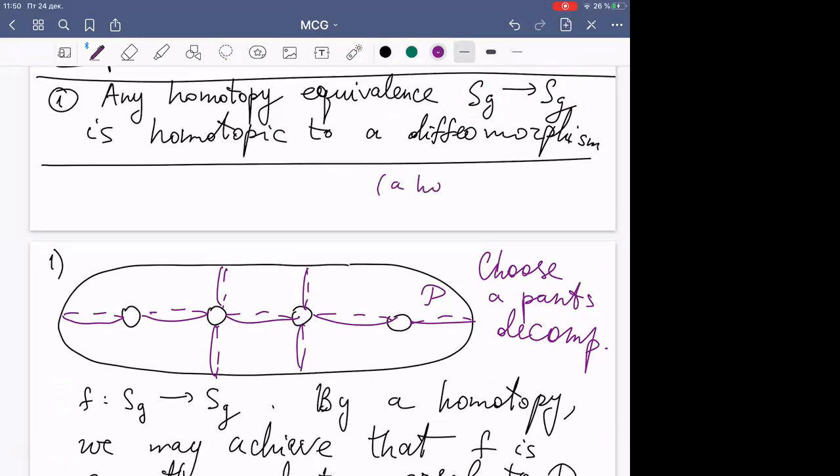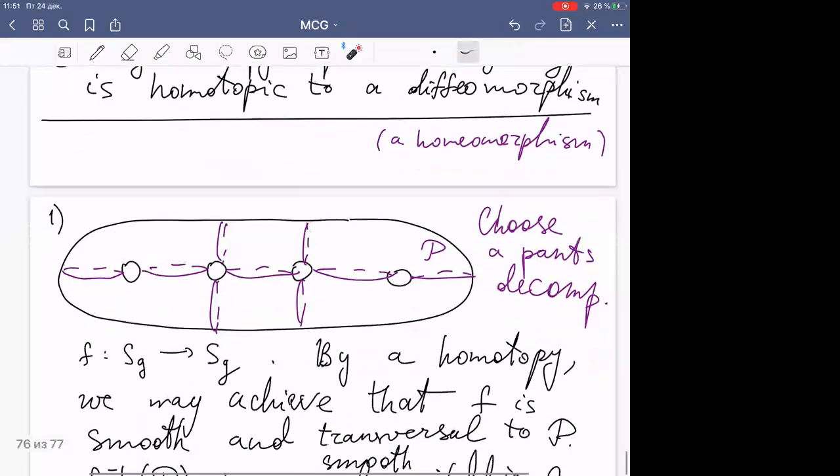That doesn't matter. Actually, we need a homeomorphism, but we will obtain a diffeomorphism. Okay, and we proceed with this proof along the following line.